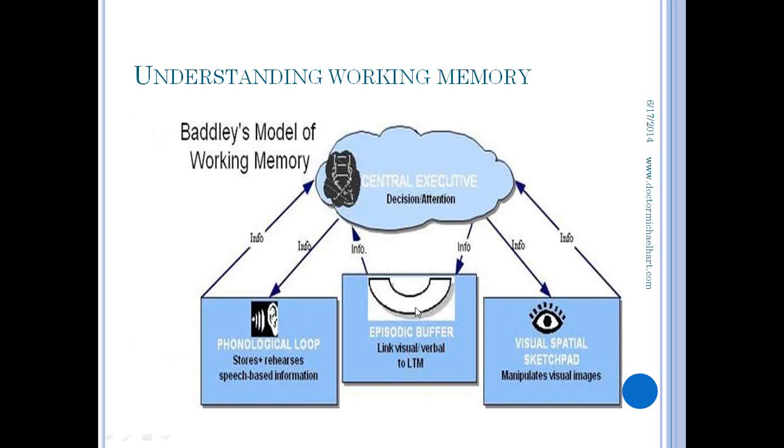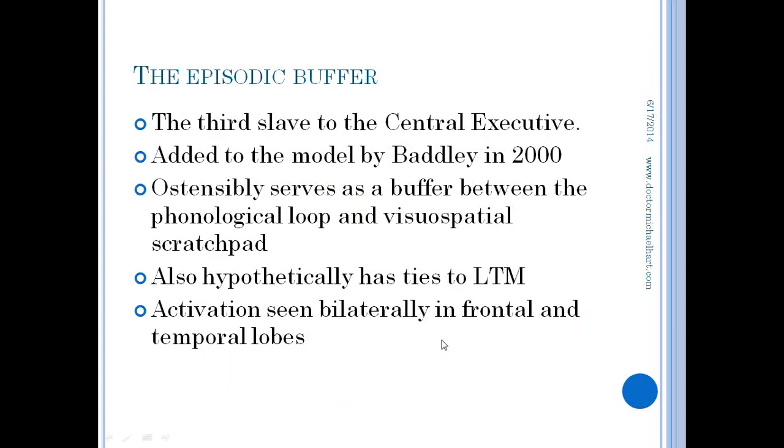Now, to go back, a final piece that Baddeley added in the year 2000 was this thing called the episodic buffer. And if you look here on this page, you see it links the visual and the verbal, okay? So here's the visual and the verbal to long-term memory. So somehow there is this episodic buffer that shares information with the central executive, and somehow serves as the link to long-term memory.